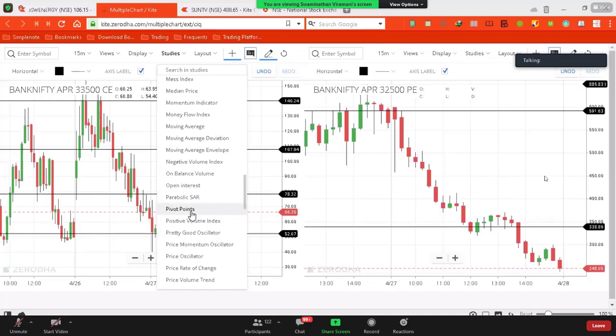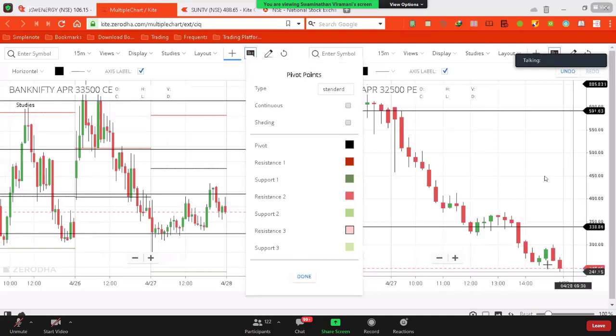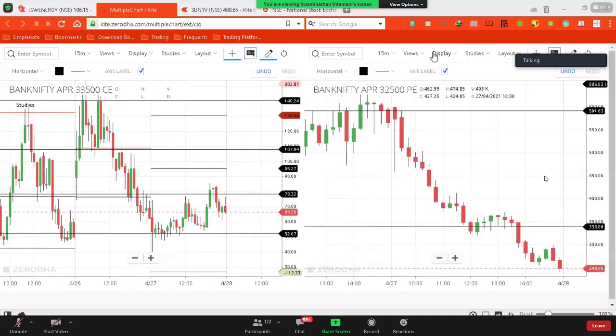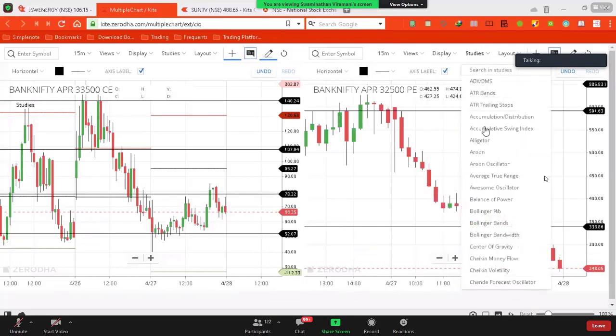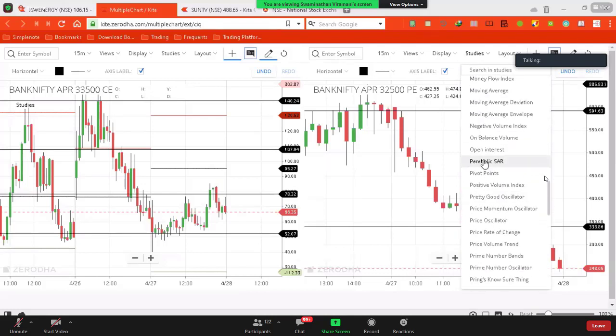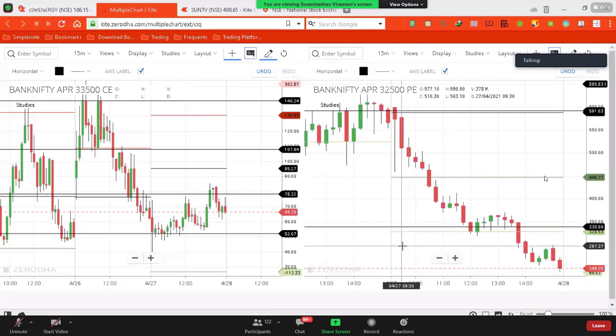Okay. Like, for instance, this PE side, let's do it. Let me put pivot points here. All right, I have a pivot level here which has been broken.